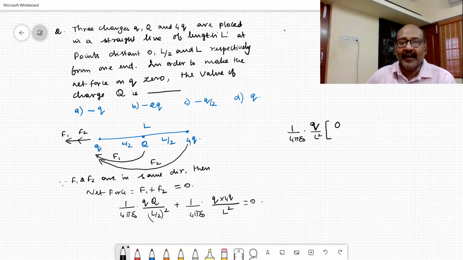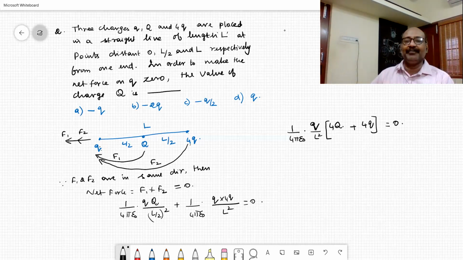I will be getting capital Q divided by L square by 4, so the 4 will come to the numerator. So I am writing 1 by 4 pi epsilon 0 q divided by L square as a common factor. The first remaining is 4Q plus the second remaining, 4 into small q, is equal to 0.